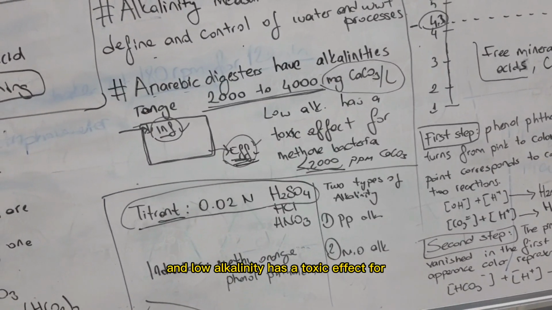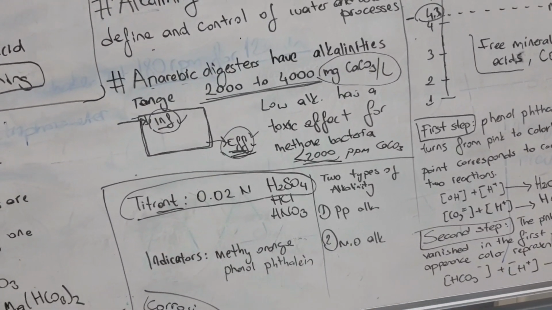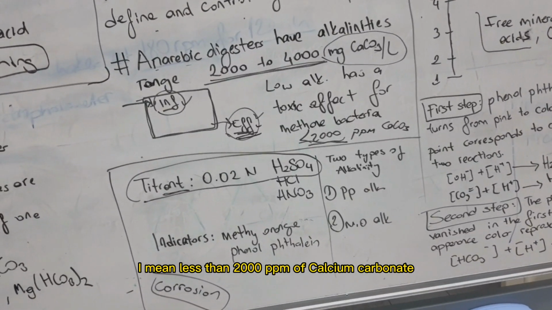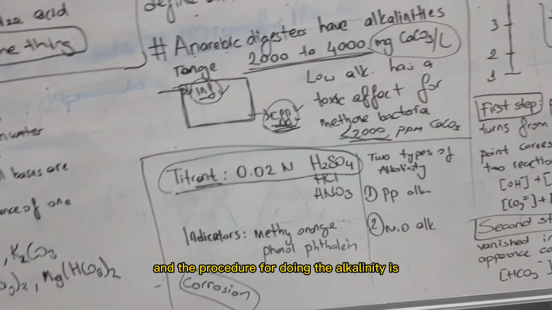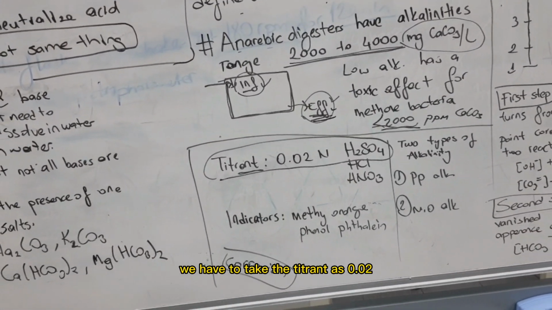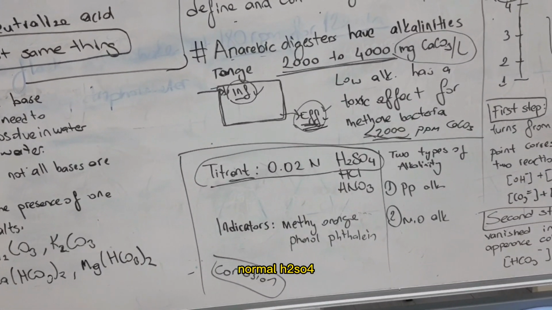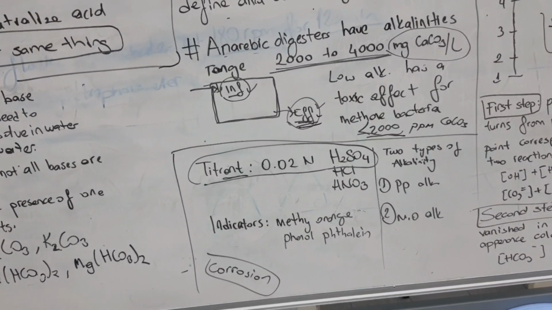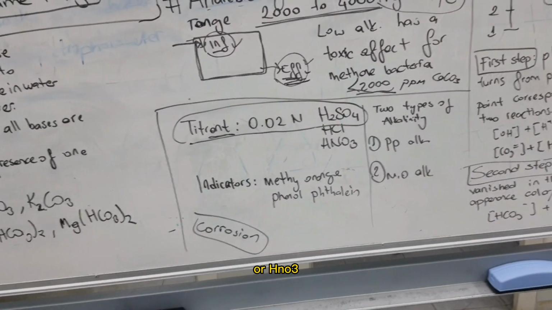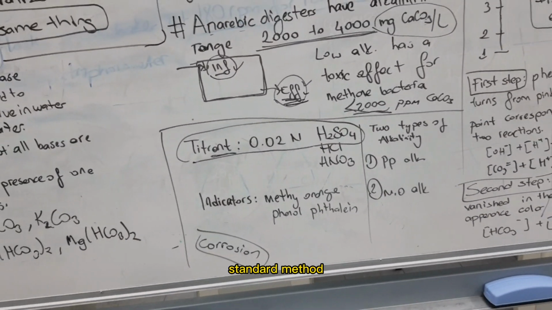Low alkalinity, less than 2000 ppm of calcium carbonate, has a toxic effect on methane bacteria. For the procedure, we take the titrant as 0.02 normal H2SO4. We can also use HCl or HNO3 as per the US EPA standard method.